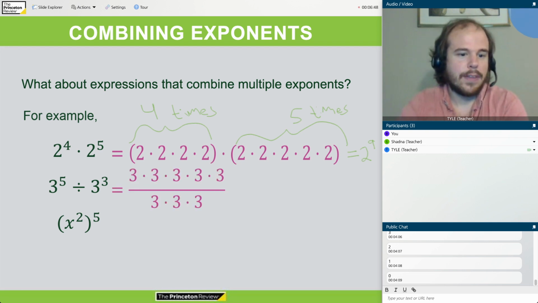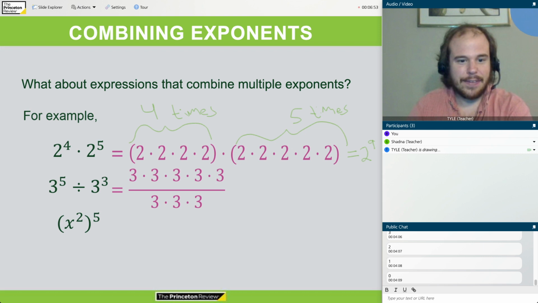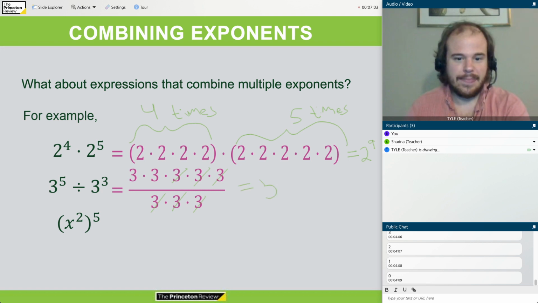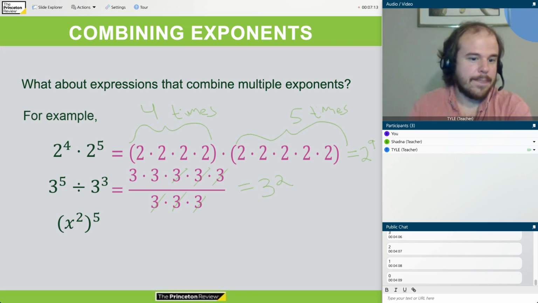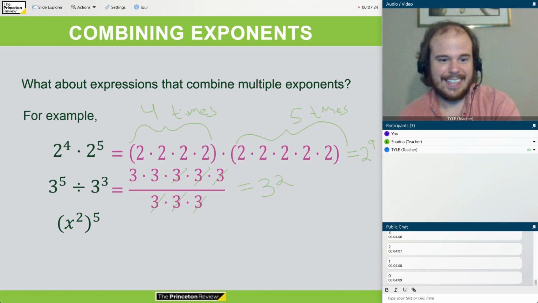Or if we were doing 3 to the 5th divided by 3 to the 3rd, that's 5 3s on the top, 3 of which will cancel with the 3 3s on the bottom. And so overall, we're left with just 2 3s being multiplied. And so when we simplify this, it becomes 3 squared. And then finally, x squared all raised to the 5th power means that we're multiplying x squared times itself 5 times, like this.